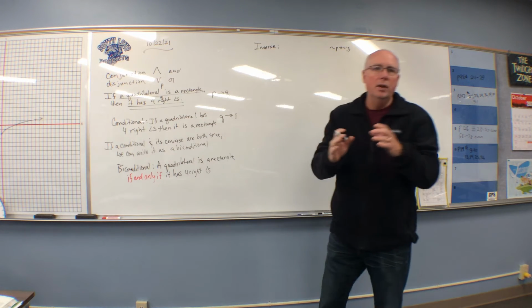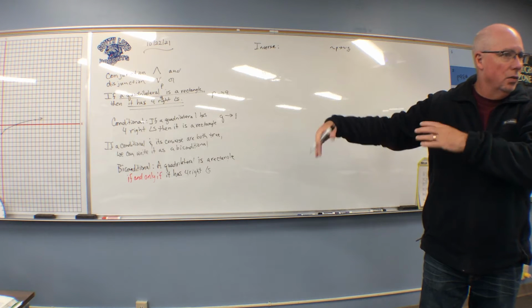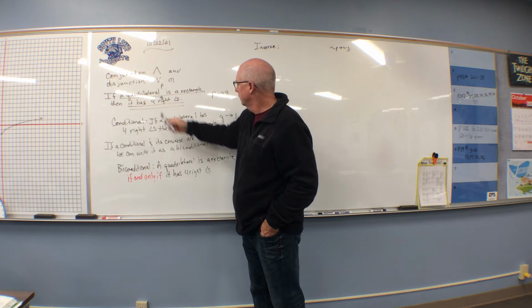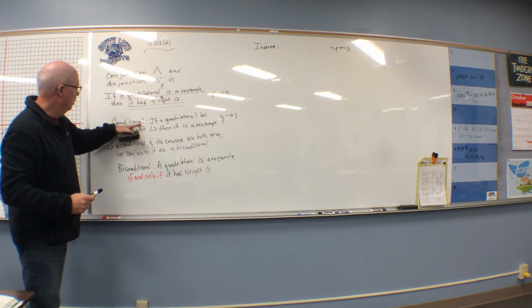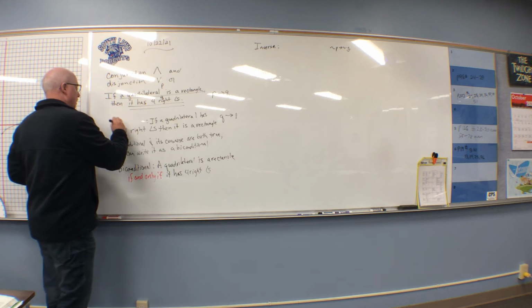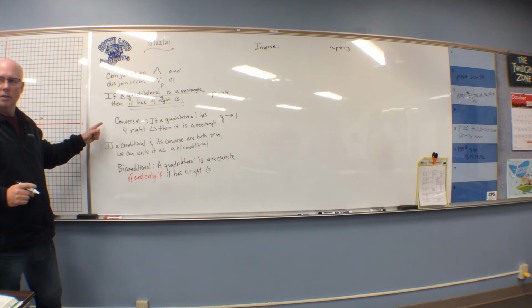Now be careful, because it's really easy to look at one of the other ones and write it wrong. So we look at the original conditional, which is right here. Right? Oh, this is what's throwing me. What should this say? This shouldn't be conditional. It should be converse. Sorry, nobody corrected that. I'm sorry, that should be converse.